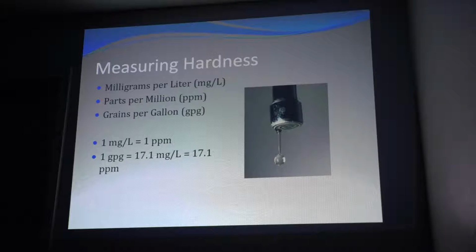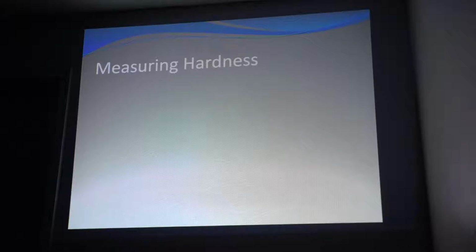So there's really two different ways to explain the bottom column. Measuring hardness. Soft water is less than 1 grain per gallon on a domestic or residential, for a household application.